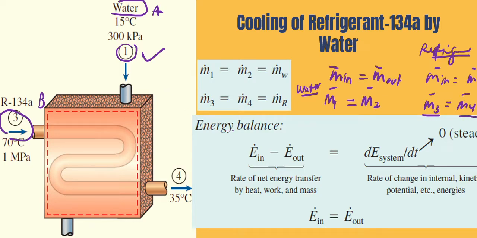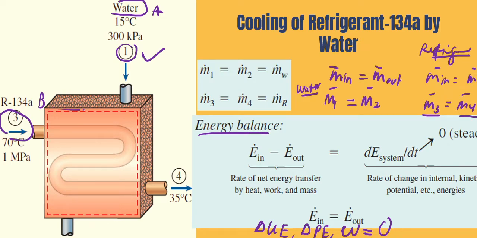And then we can also express the energy balance. For a heat exchanger, usually the kinetic energy, potential energy, and W are all equal to zero. Then the value of Q depends on how you select your system.